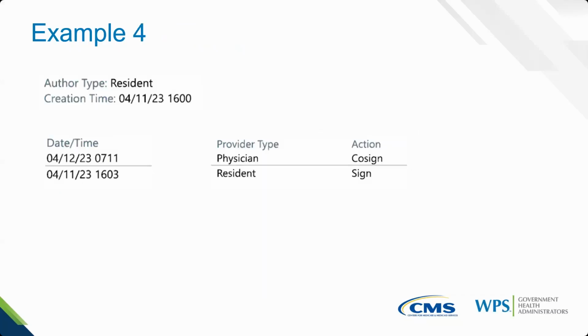So now let's look at example number 4. On this one, our author type is a resident. We can see that the resident signed this documentation on 4/11, and the physician signed this documentation on 4/12.